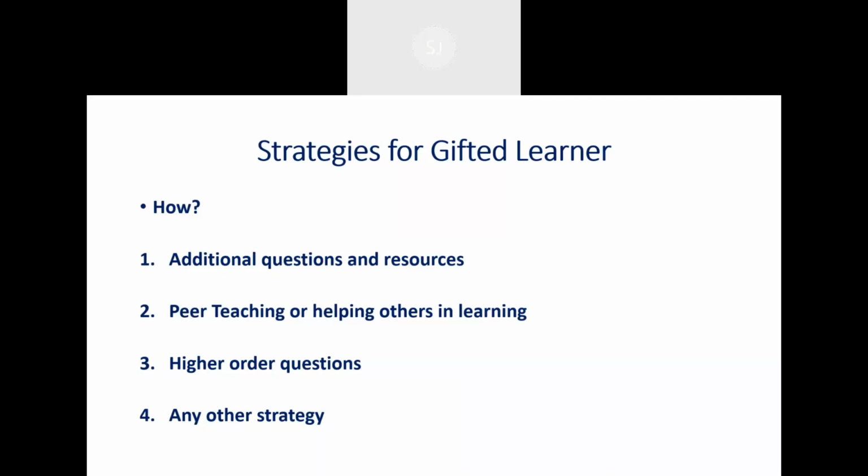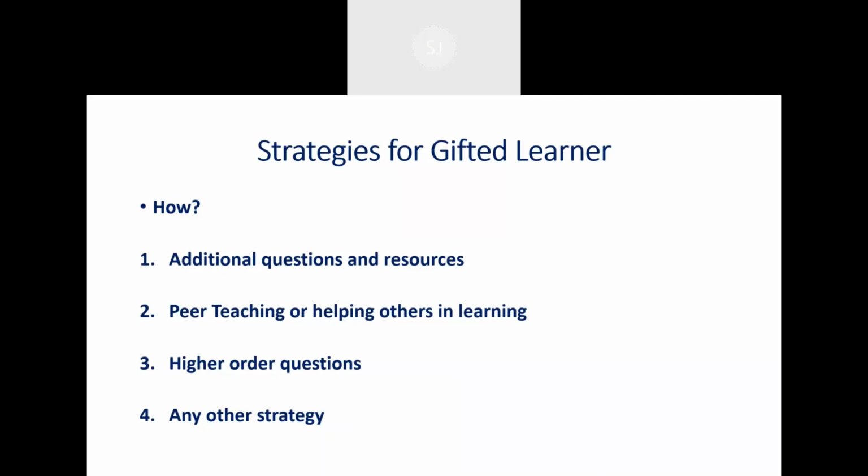Whereas generally we don't use these strategies in our classroom, and that doesn't work. And that is why I feel that it should be done. And once again, with all your experience, knowledge and expertise, please bring any other strategy for gifted learners.